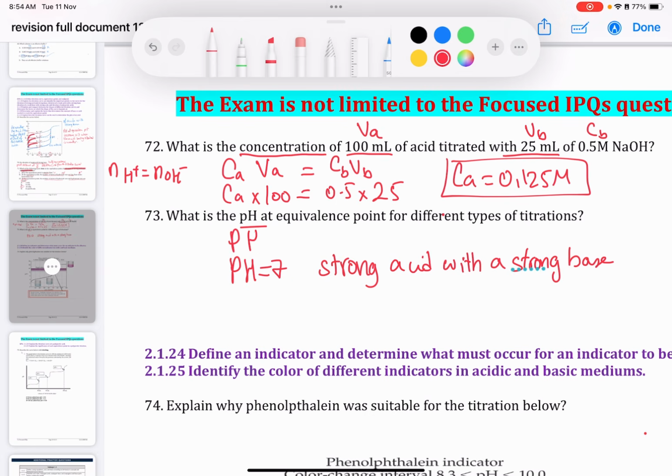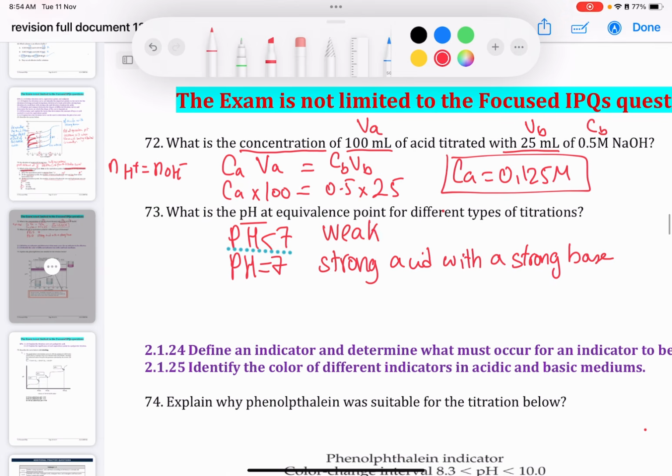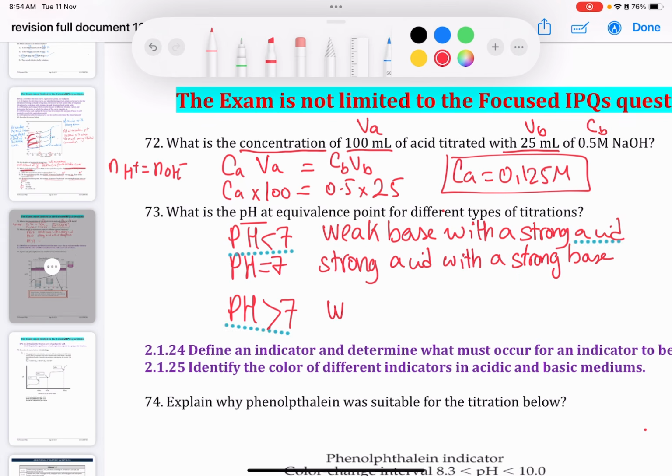I have a pH less than 7 when I am titrating a weak base with a strong acid, and the pH is above 7 when I am titrating a weak acid with a strong base.